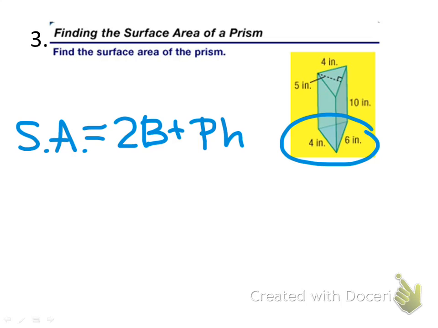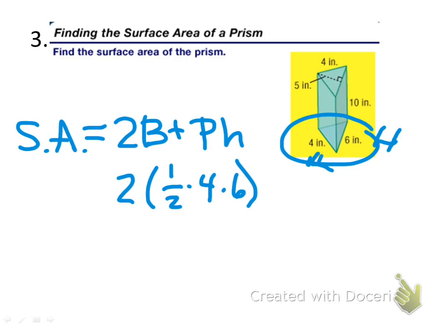So we know that the base is going to be 1/2 times 4 times 6, because this is the length and this is the height of the triangle. So you do 4 times 6 divided by 2 because it's a triangle. It's half of a square.